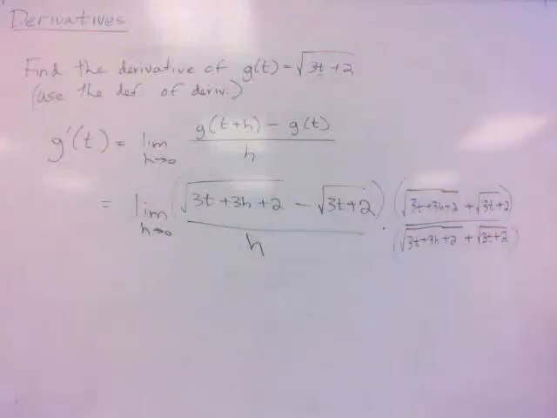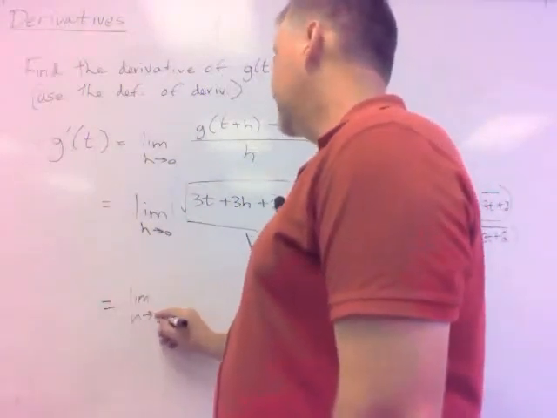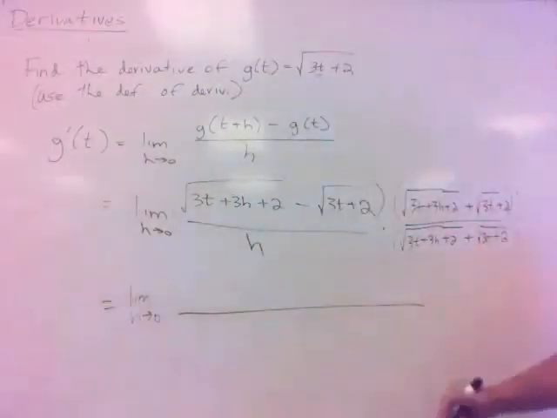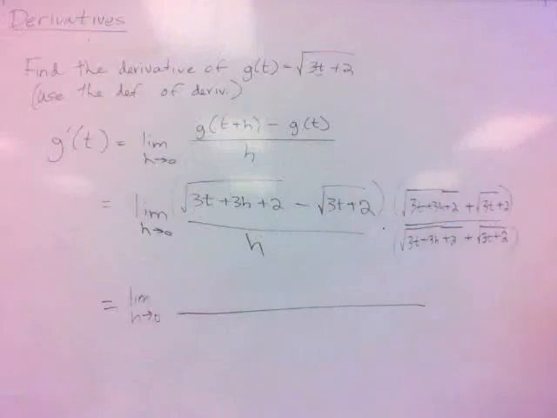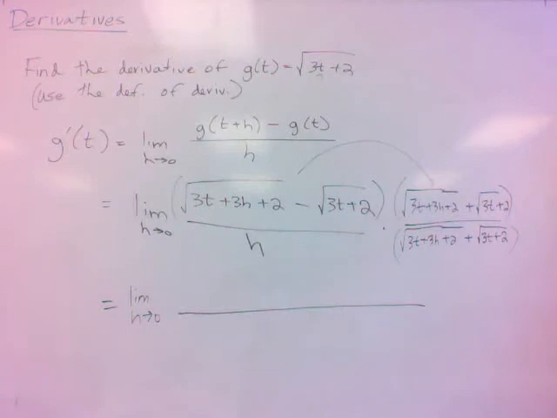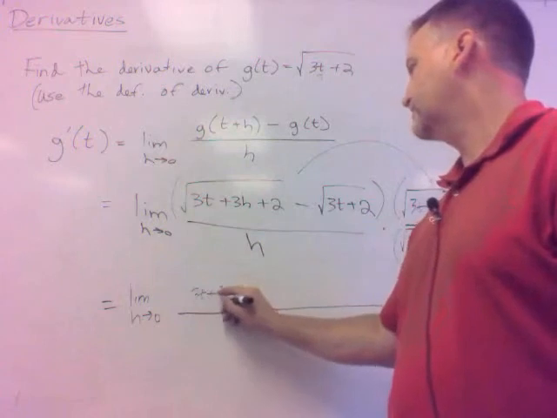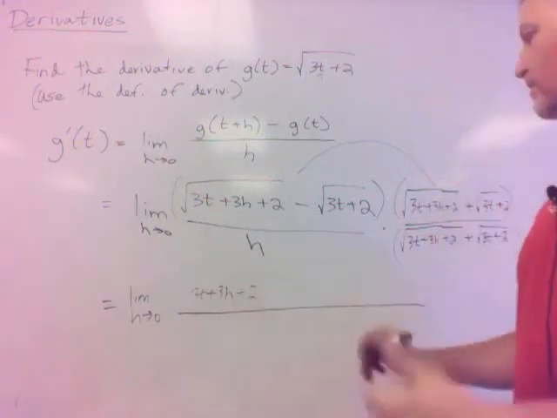Well, as we know, usually to simplify this, it's just multiply the top out, and nice things happen. What happens when I multiply the conjugates together here on top? Well, I get the square root of 3t plus 3h plus 2 times itself. Square roots cancel. So I get the 3t plus 3h plus 2 without the square root in.